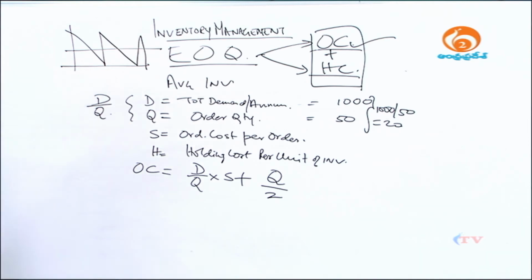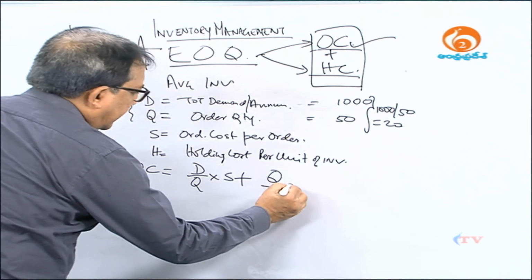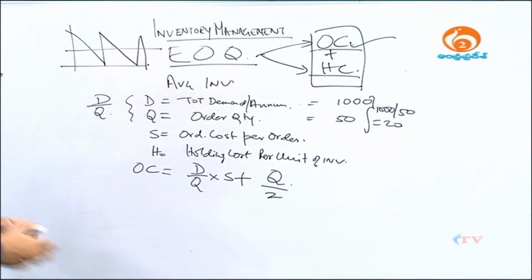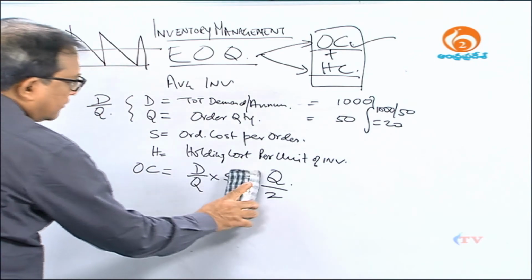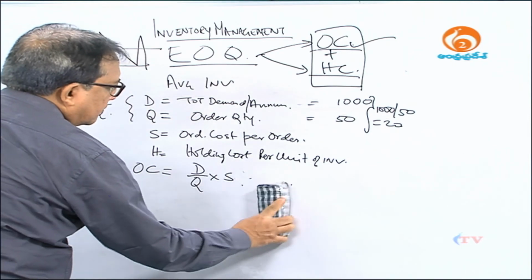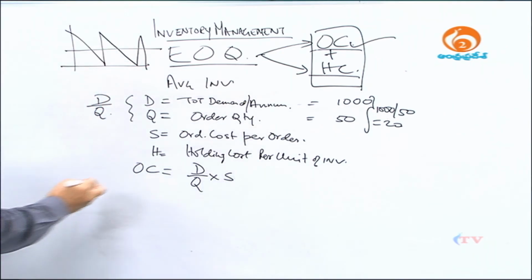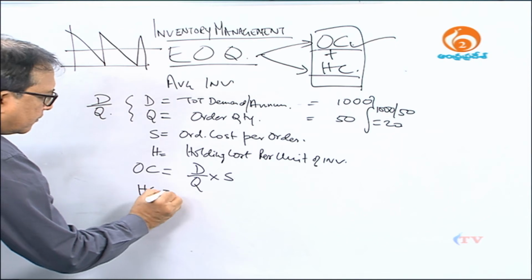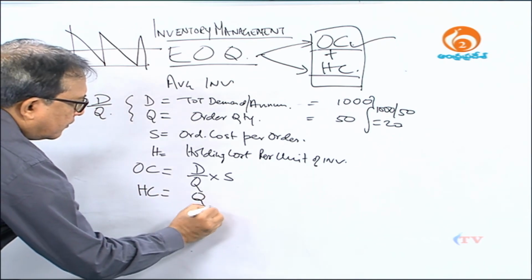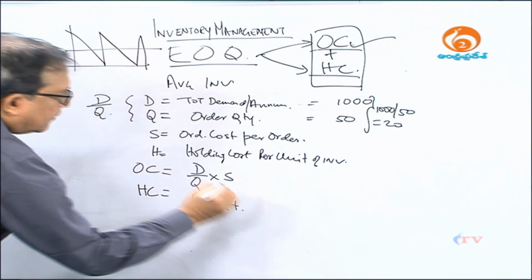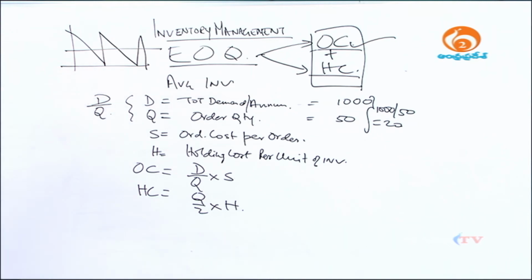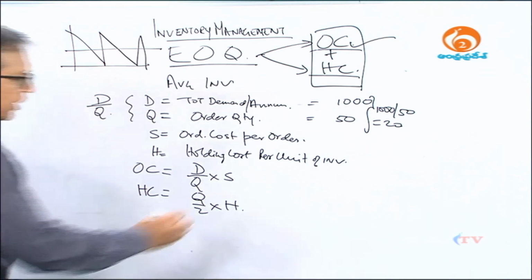And per unit, I am spending H. So, what is my total cost?